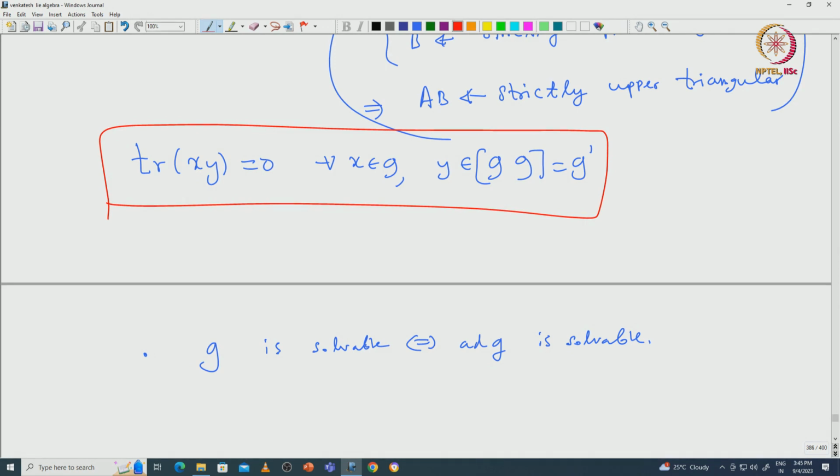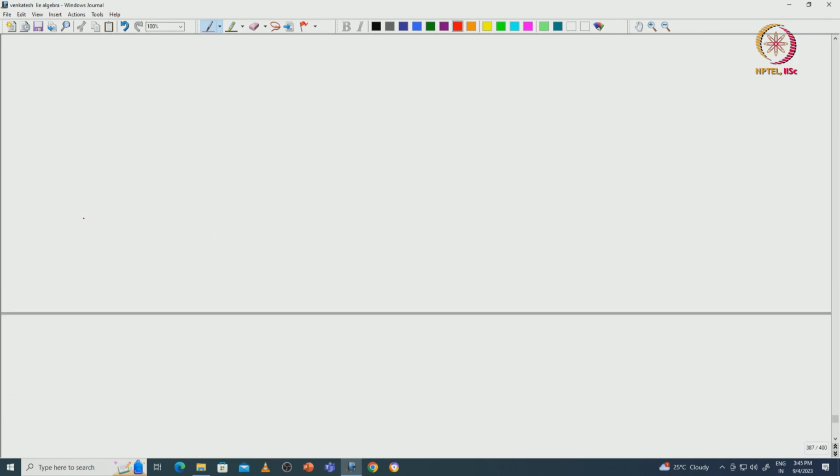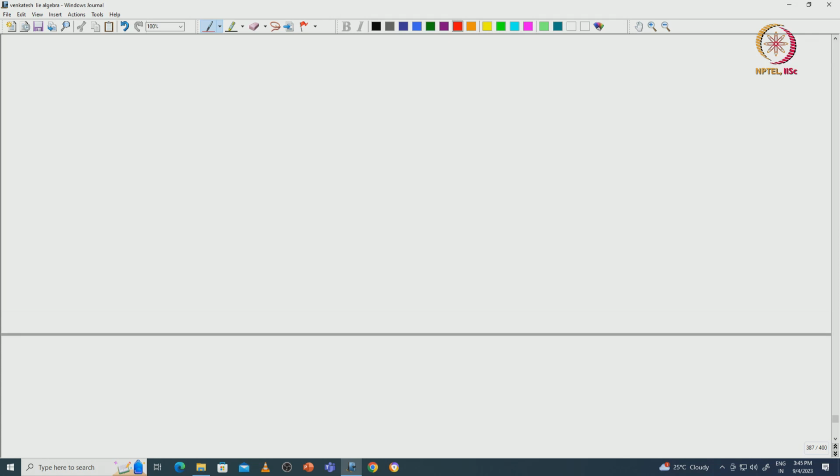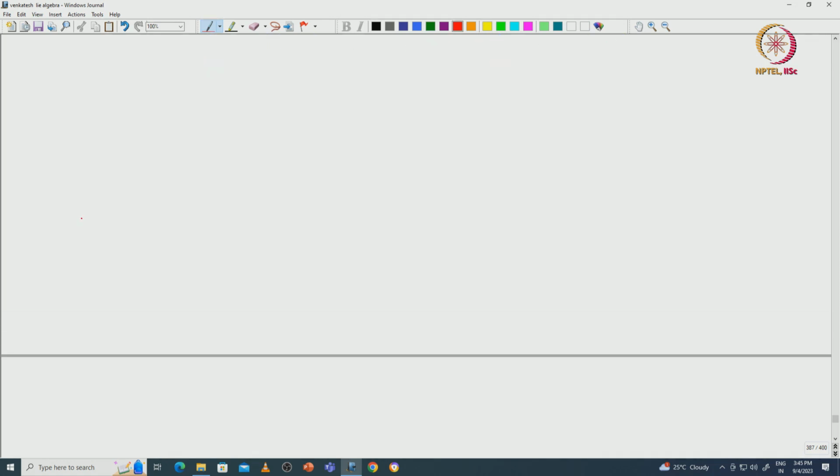To prove this first criterion, first we will do it for linear subalgebras. Okay. Then we will apply it to general abstract Lie algebras. Okay, let us see how one can do this for a linear Lie algebra.